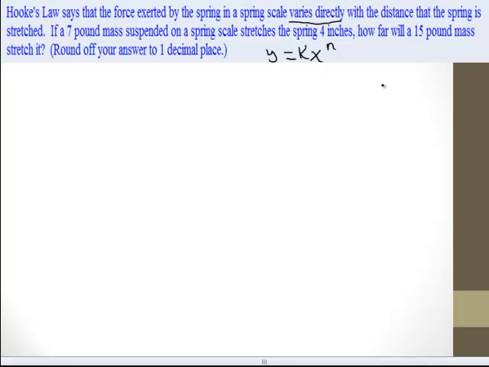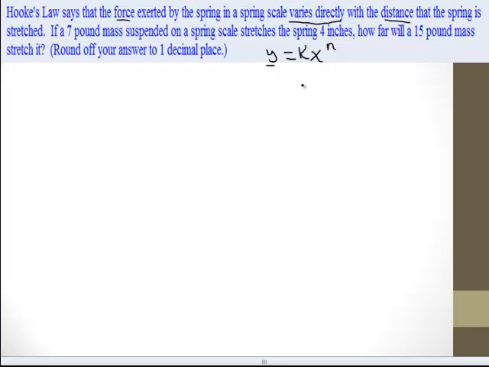So this is going to be the general formula that we're going to use. In this formula, what will Y and X be? Hooke's law says that the force exerted by the spring varies directly with the distance. So we're looking at force and distance.